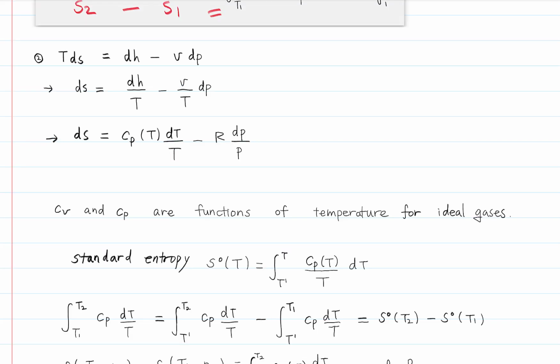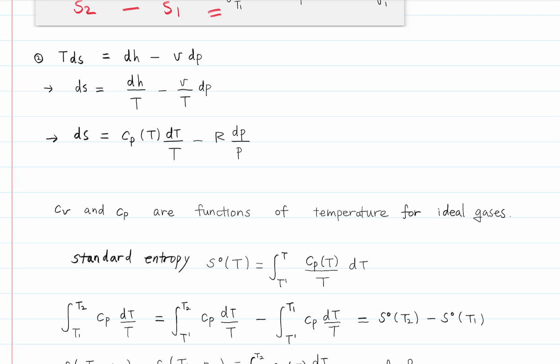We can also integrate the second TdS equation for ideal gases. Divide the equation by the absolute temperature. ds equals dh over T minus V over T dP. dh equals Cp dT.